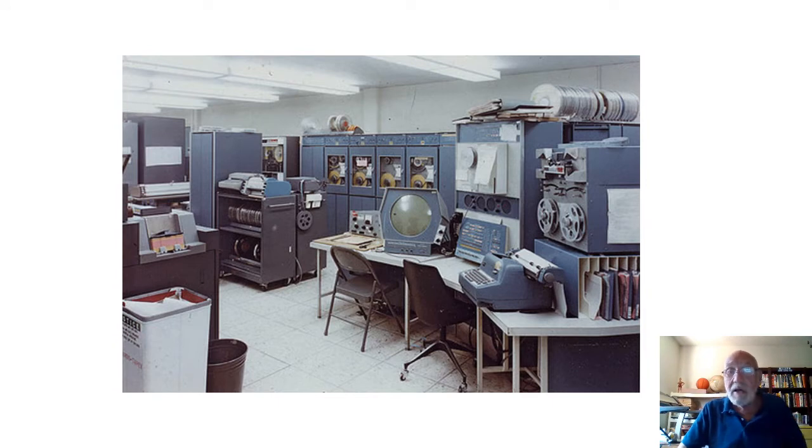Another early one, this one's a little specialized because they had this tube. We didn't have CRTs then to communicate with the computer, so this was some other special oscilloscope or some type of scientific device. But the other things, here's your card reader, card punch. You can see this stack of cards.